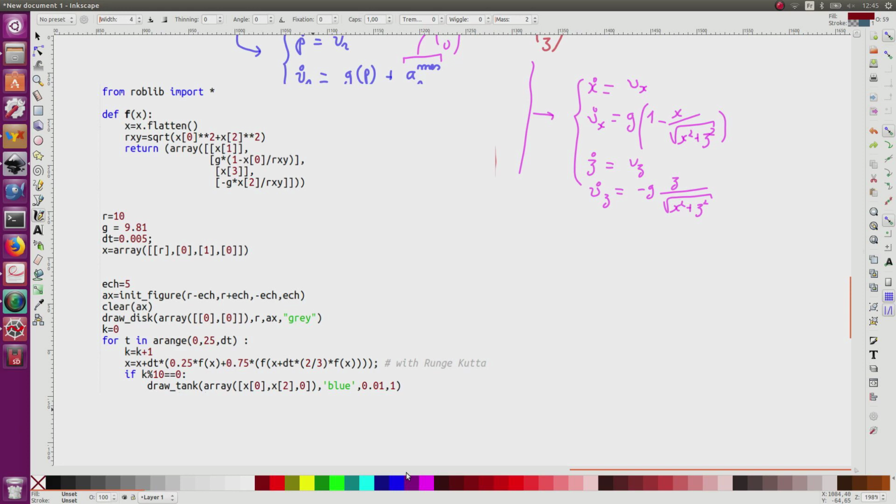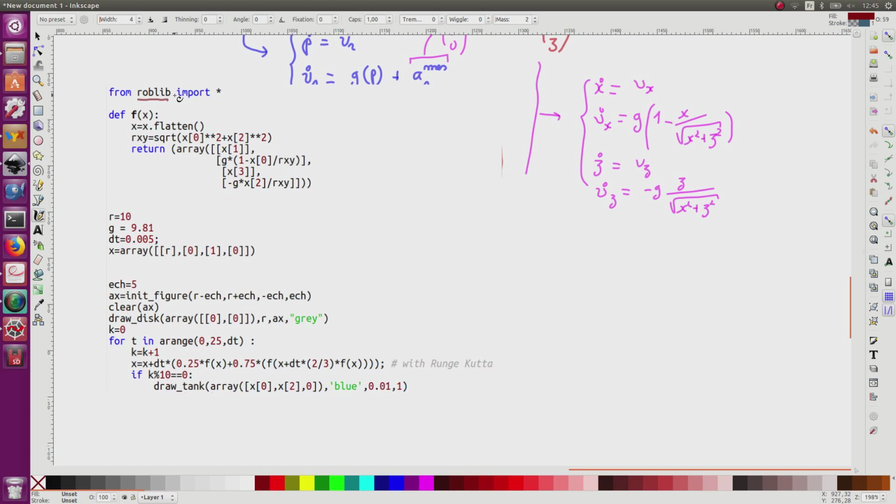I propose the following Python program, which uses the library ROBLIB. Here f of x corresponds, so x corresponds to x, vx, z, vz, and the function we see here corresponds to this evolution function.